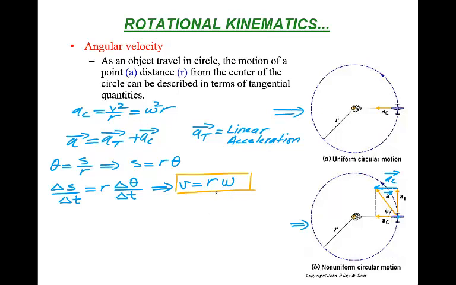Taking the derivative of this new expression one more time, you get delta V over delta T equal to R times delta omega over delta T. Alright, what's delta V over delta T? That's the linear acceleration. And how did we label the linear acceleration in this example? AT is going to equal R times, what's the delta omega over delta T that we introduced in the previous slide?